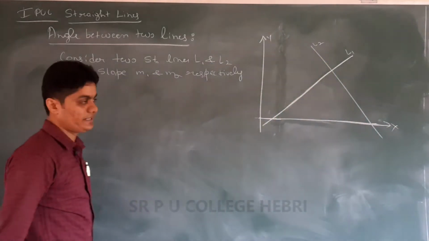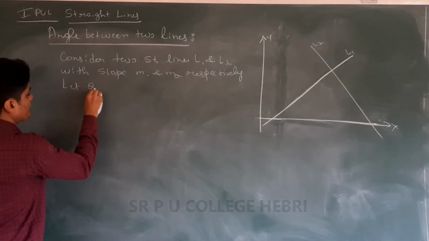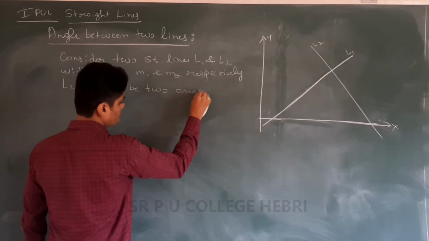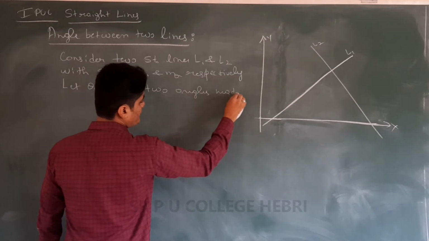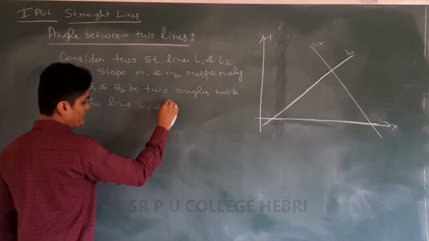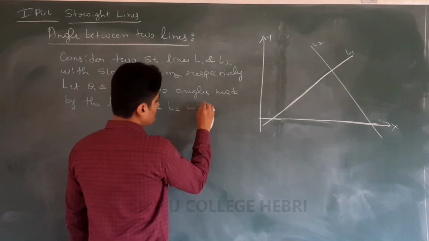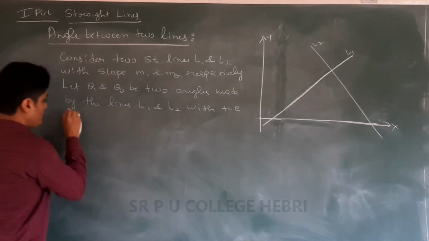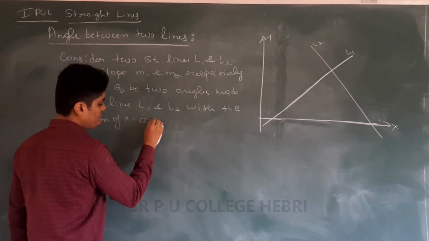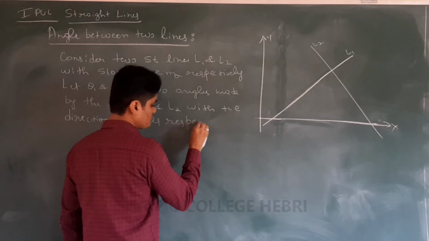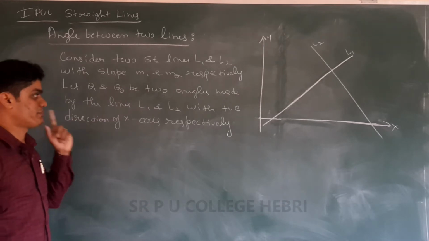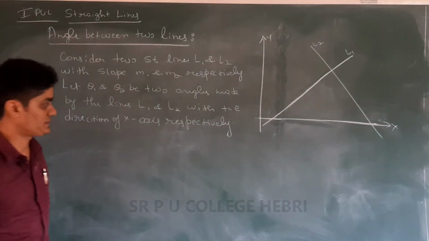Now let theta 1 and theta 2 be the two angles made by the lines L1 and L2 with the positive direction of the x-axis respectively.